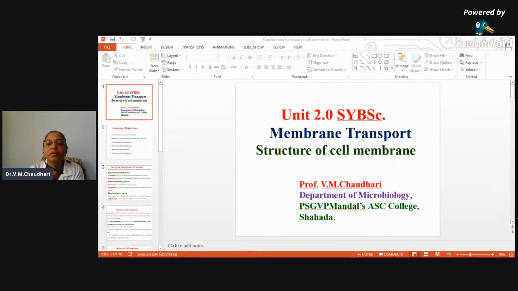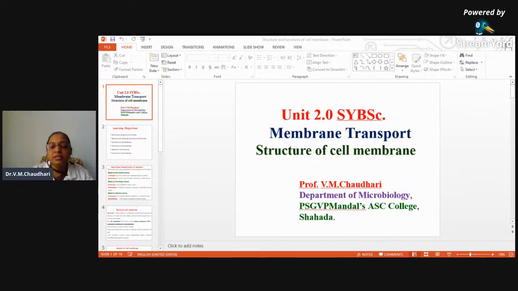Okay. So today we are starting the second unit, that is membrane transport. We have finished our first unit, that is the enzyme: structure of enzyme, active site of enzyme, and general properties of enzyme. Enzyme combines with the substrate and converts substrate into product.